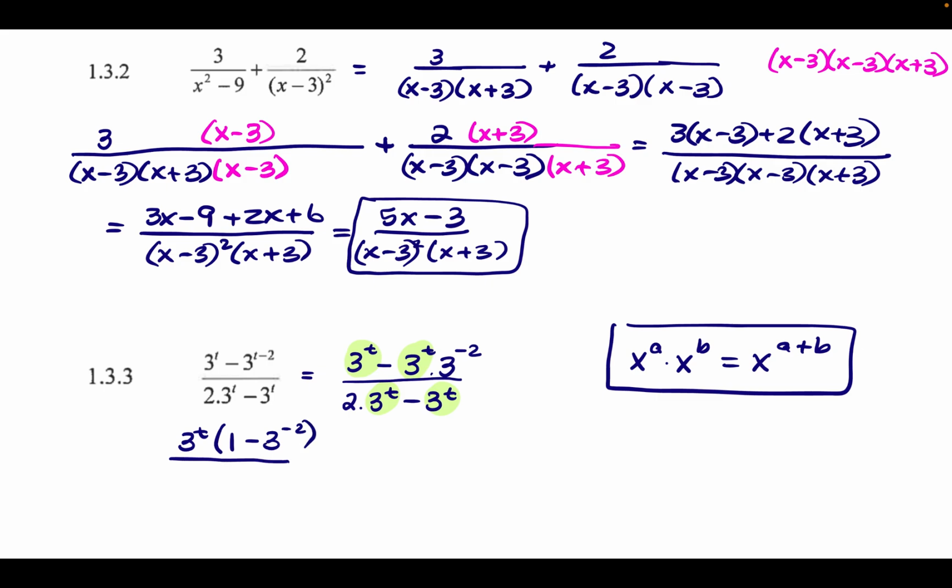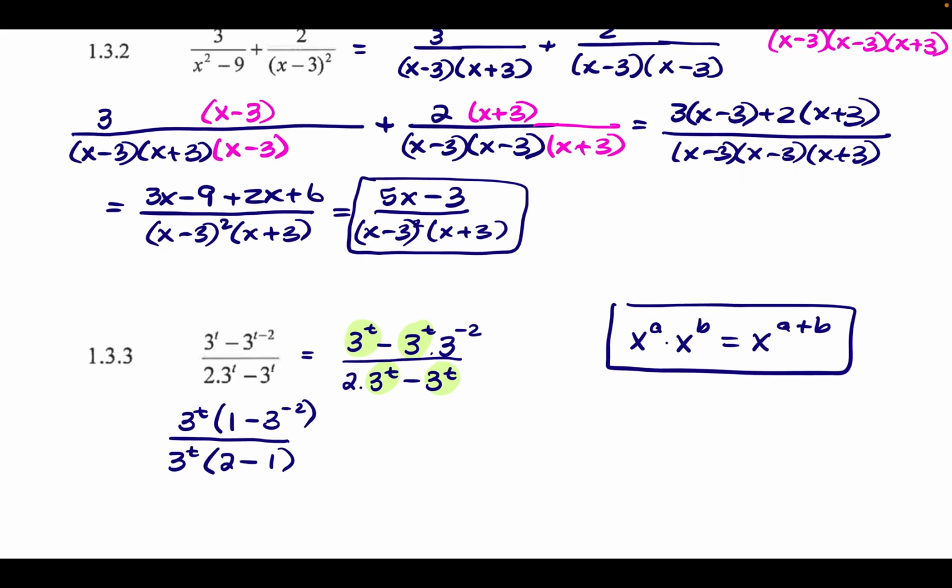And in the denominator, I could factor out a 3 to the t, and I'm left with 2 minus 1. Interesting, because those 3 to the t's can be reduced, canceled. That just equals 1. And I'm left with 1 minus 3 to the negative 2 over 1, which just equals 1 minus 3 to the negative 2.